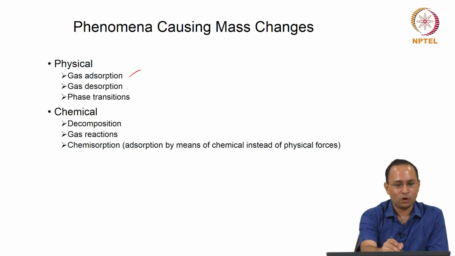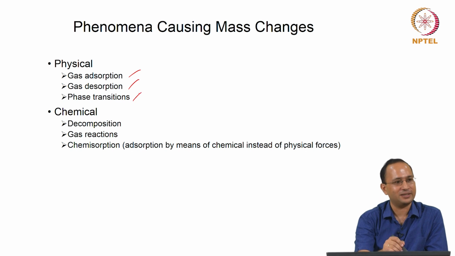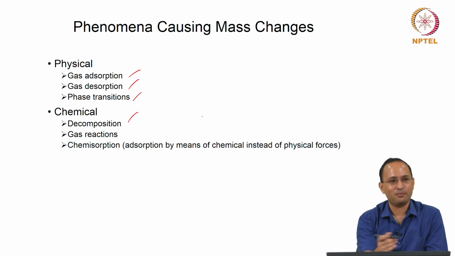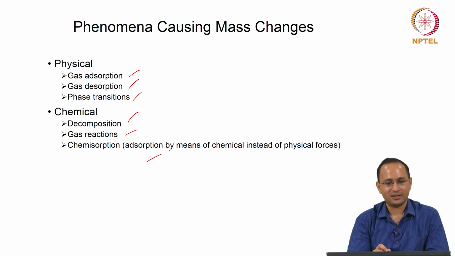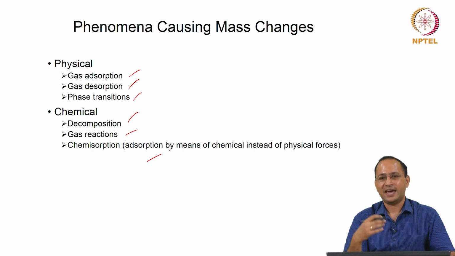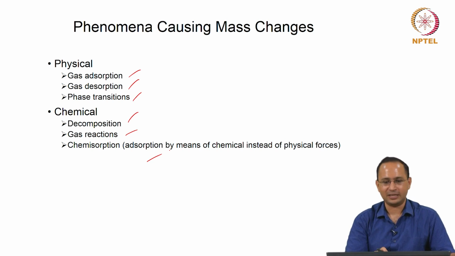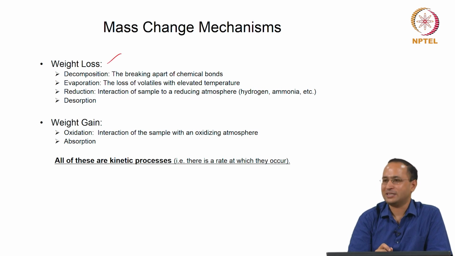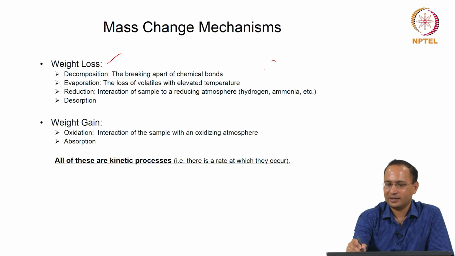So, gas adsorption, desorption, phase transition, decomposition: if something is decomposing, there is some mass loss, right. So, these are the phenomena causing mass changes. As long as there is mass change, we can use thermogravimetry to capture that. Weight loss can happen when something is decomposing.